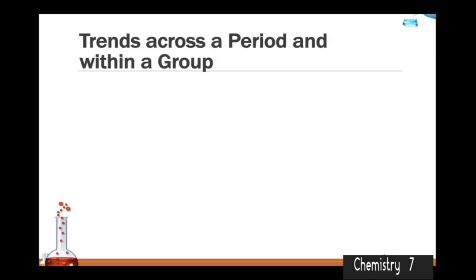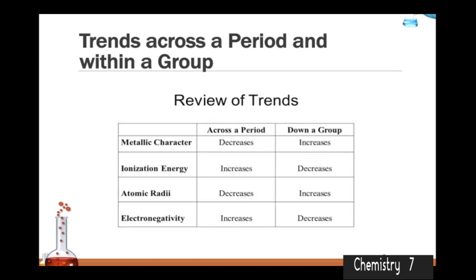There are many trends across the period and within a group. For example, if we move across the period from left to right, nonmetallic character, electronegativity, ionization energy, electron affinity increases.